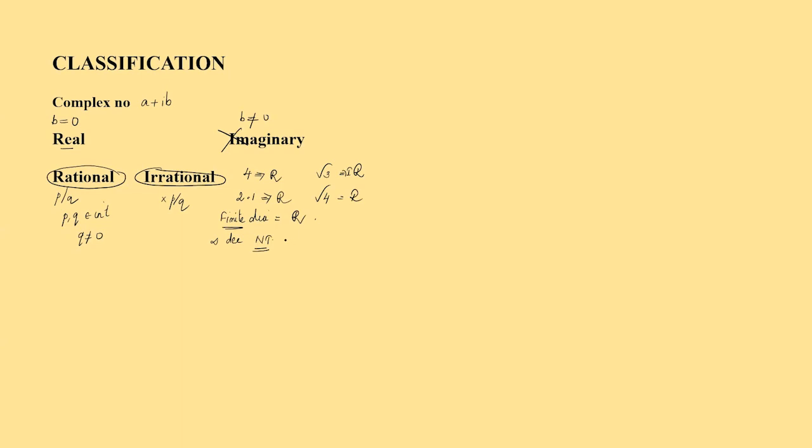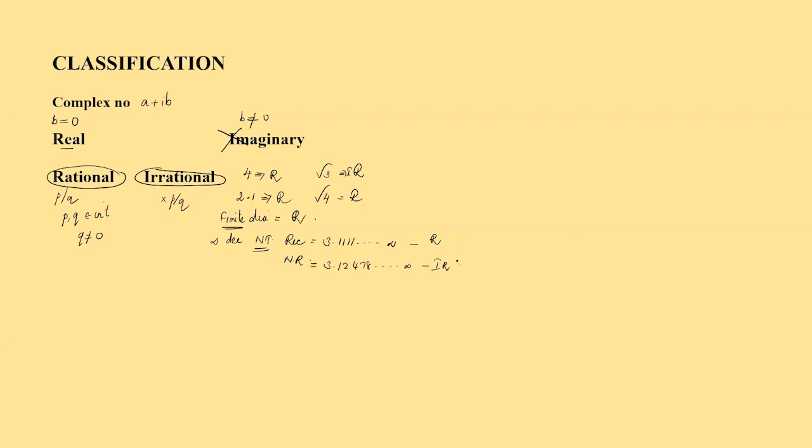Non-terminating decimals can be of two types: recurring decimals and non-recurring decimals. Recurring is like 3.1111, where 1 keeps on repeating up to infinity, and non-recurring is like 3.12478, and you don't know what terms are coming beyond, but it goes on up to infinity, like the value of pi. Understood? Non-terminating recurring numbers are all going to be rational, and non-terminating non-recurring numbers are going to be irrational.